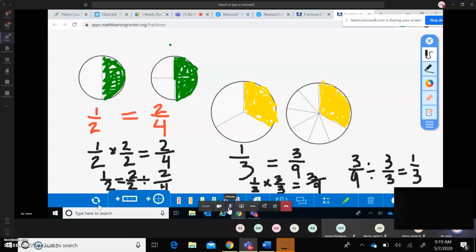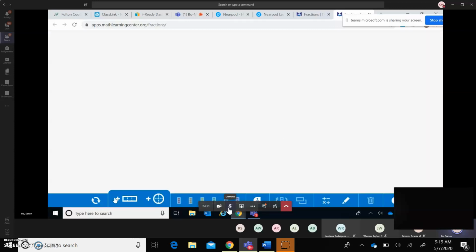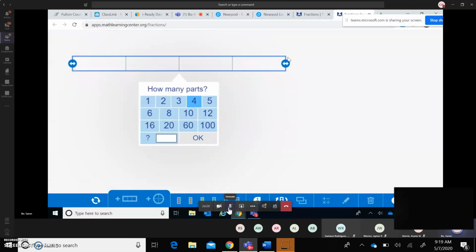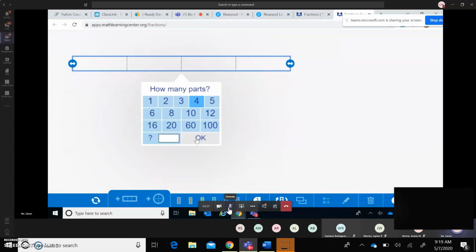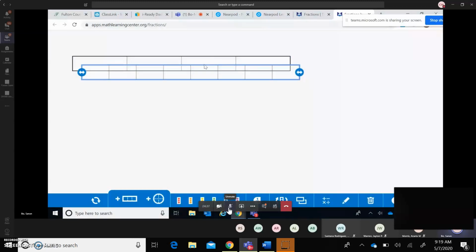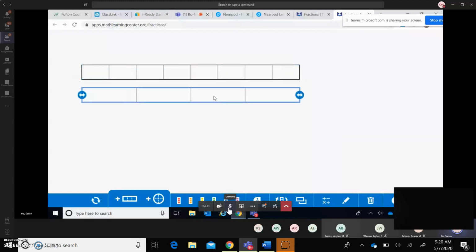And if you want to see a fraction model, same thing. Okay? I can do fourths. Stretch another one, eighths. Alright.